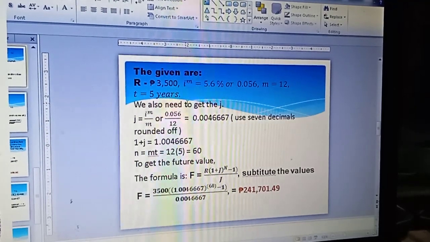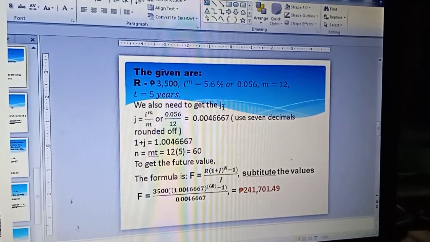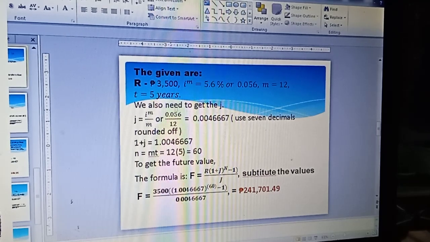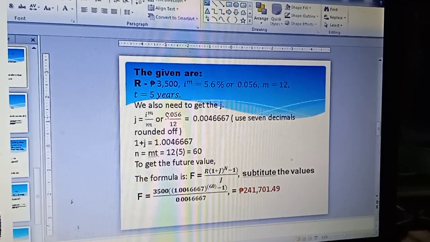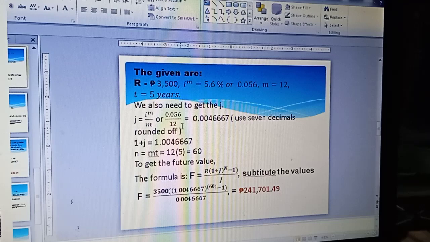We also need to get first the j so that it will be easy for us to use the value of j in the formula. j is equal to i sub m over m, or 0.056 over 12.